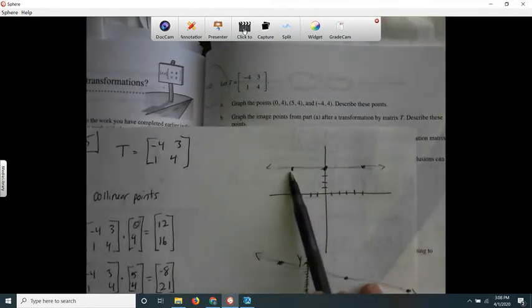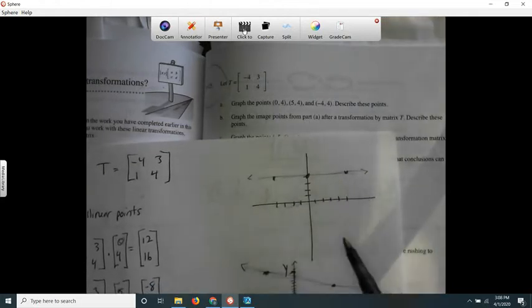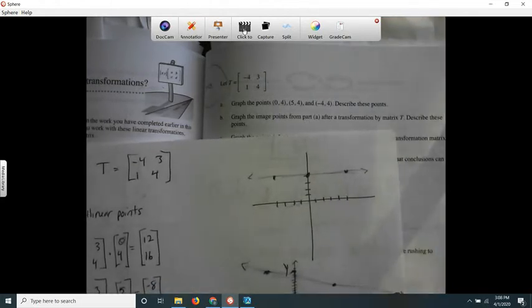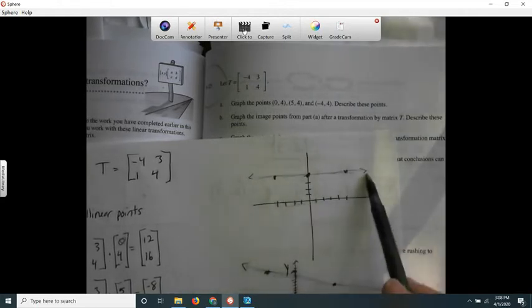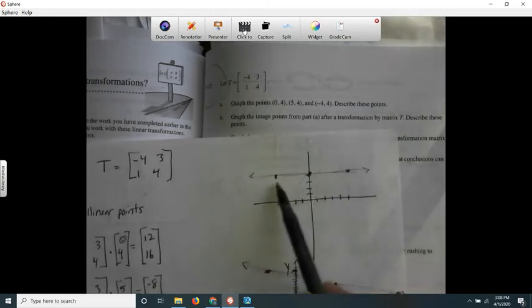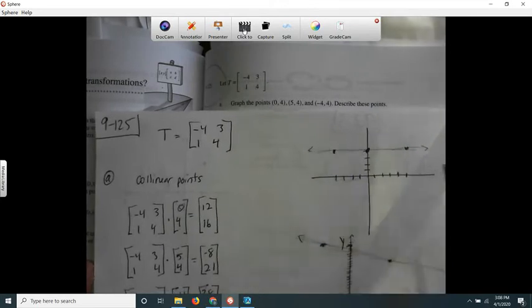I graphed the 3 points that they gave me: 0, 4, 5, 4, negative 4, 4. And the description they wanted was that they are collinear. They're in the same line.